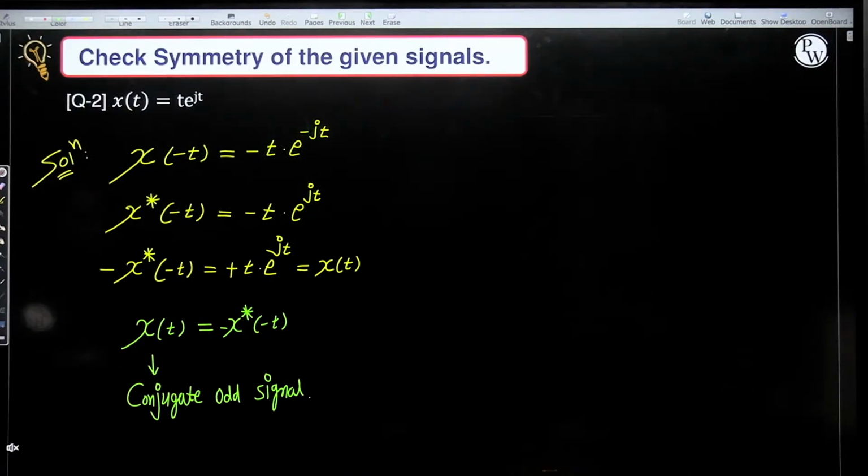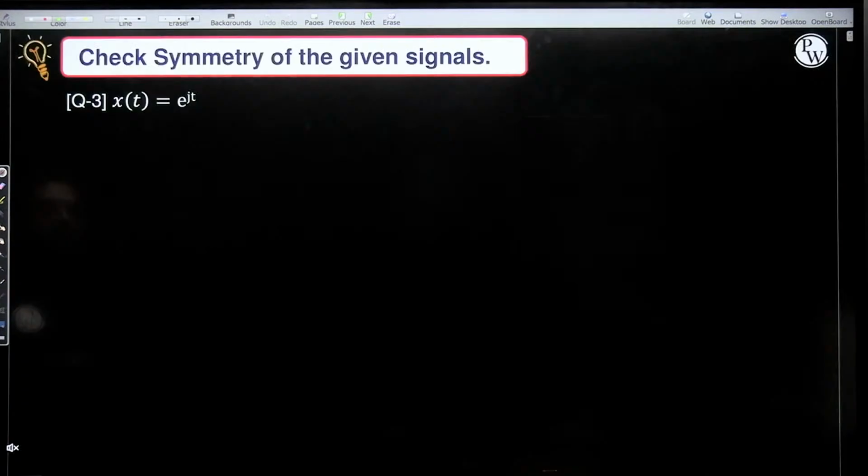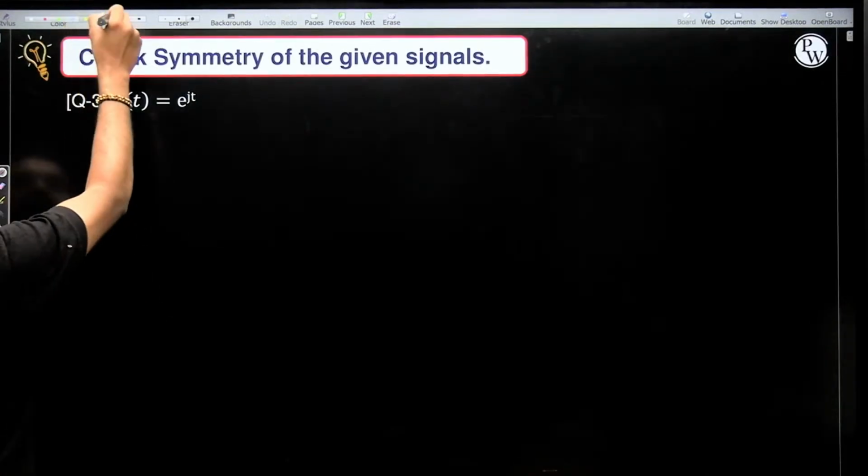Conjugate odd signal. Clear? Now try one more question: e to the power jt. Tell me your answer in the comment box.